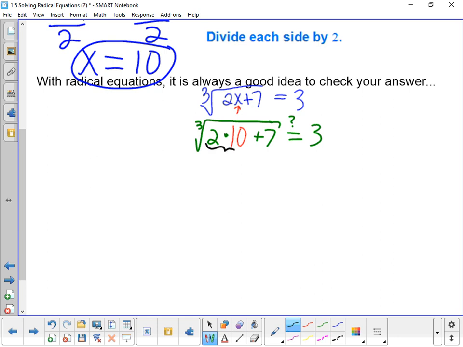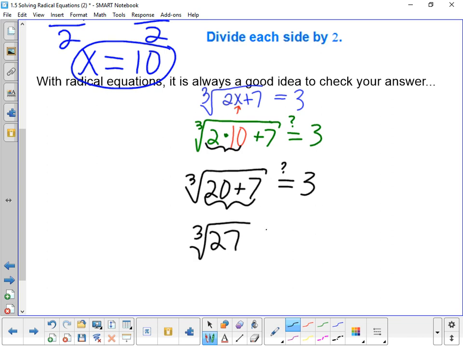Well, if we multiply that 2 times the 10, we get 20, so we add the 7, and then we can now combine the 20 and the 7 to get the cube root of 27 equals 3, and the cube root of 27 is 3, so it is a true solution.